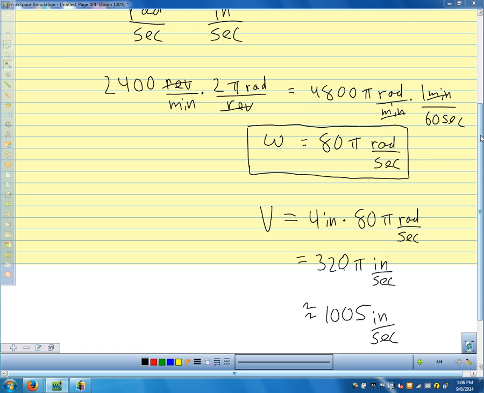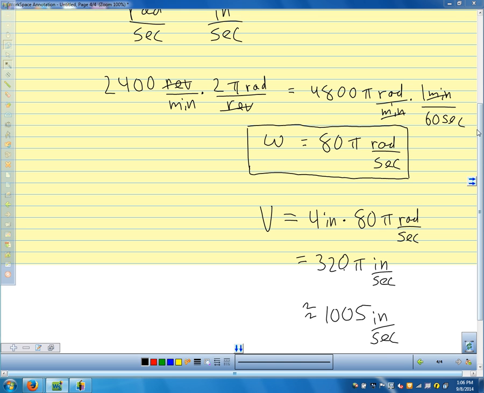Okay, so if we had a car, if our car is traveling 65 miles an hour and it says the radius of the tire is 16 inches, 65 miles an hour is linear speed or angular speed? Linear speed. The car is moving 65 miles an hour, that's going to be your V.